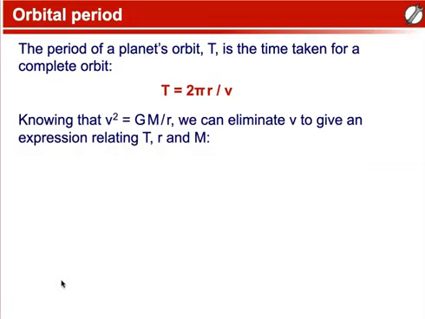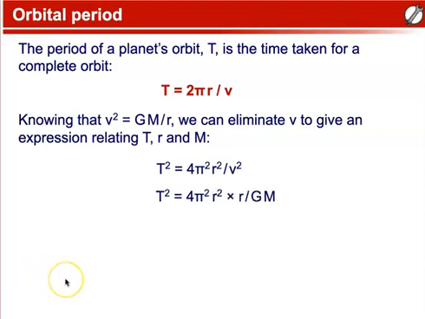Knowing that v squared equals GM divided by r, we can eliminate v to give an expression relating T, r, and M. T squared equals 4 pi squared r squared divided by v squared, or T squared equals 4 pi squared r cubed divided by GM.